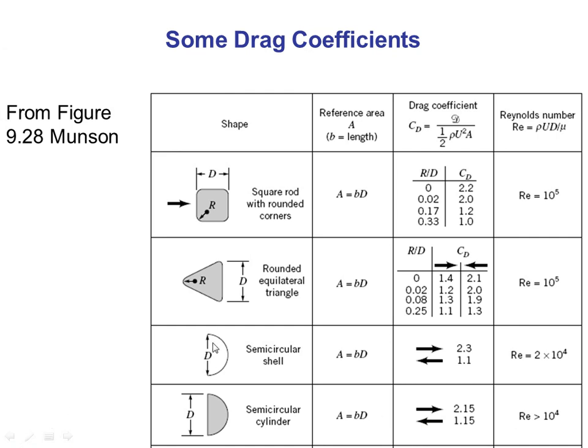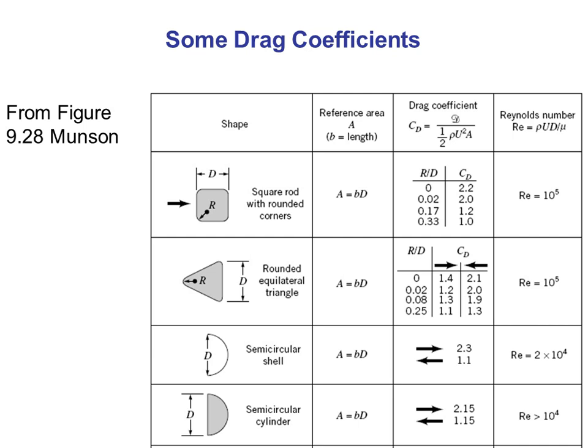Let's take a big one. Take this one. Drag coefficient 2.3. So assume in this case, same like our problem, the area, let's take 5 by 1 or so. 5 meters this way, 1 meter to the pitch. Or 1 meter this way, 5 meters to the pitch. Doesn't matter.